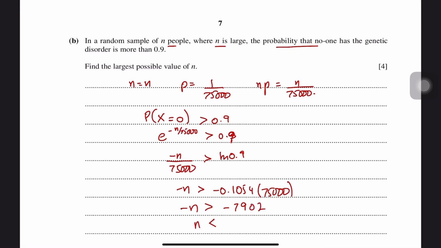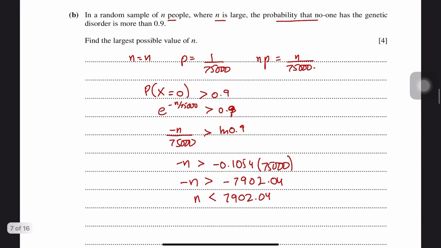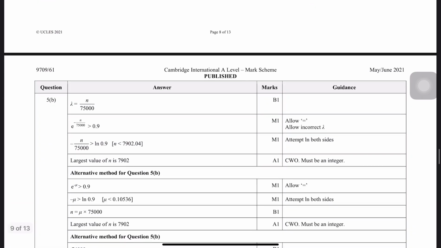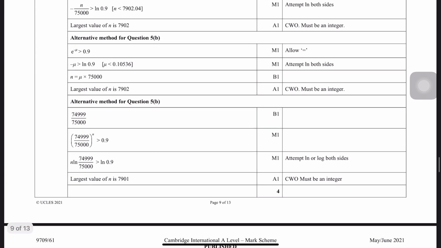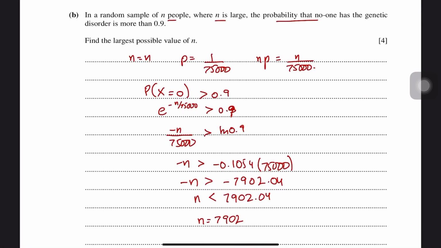So n is less than 7902.0. So the largest possible value of n is 7902. So 7902, that's the correct answer.